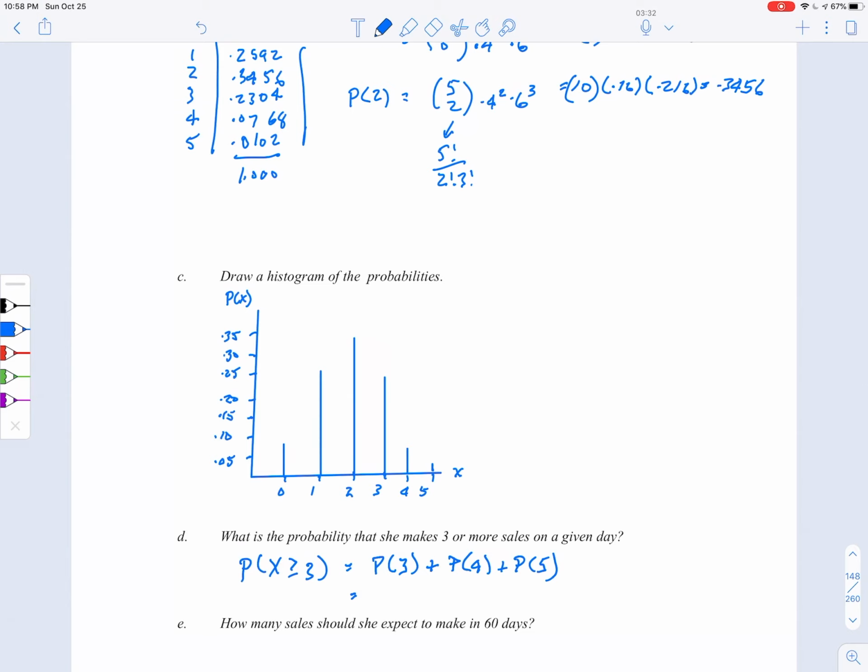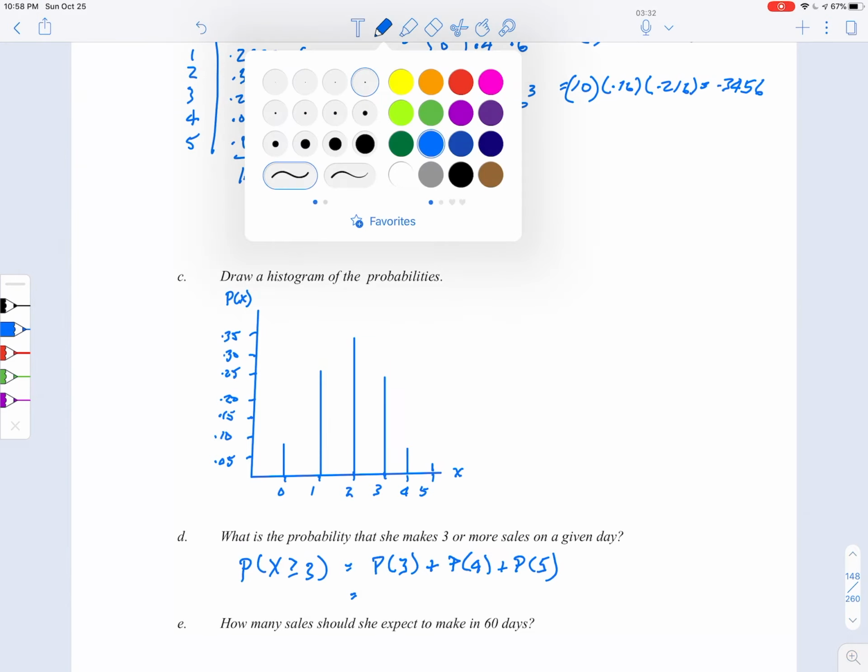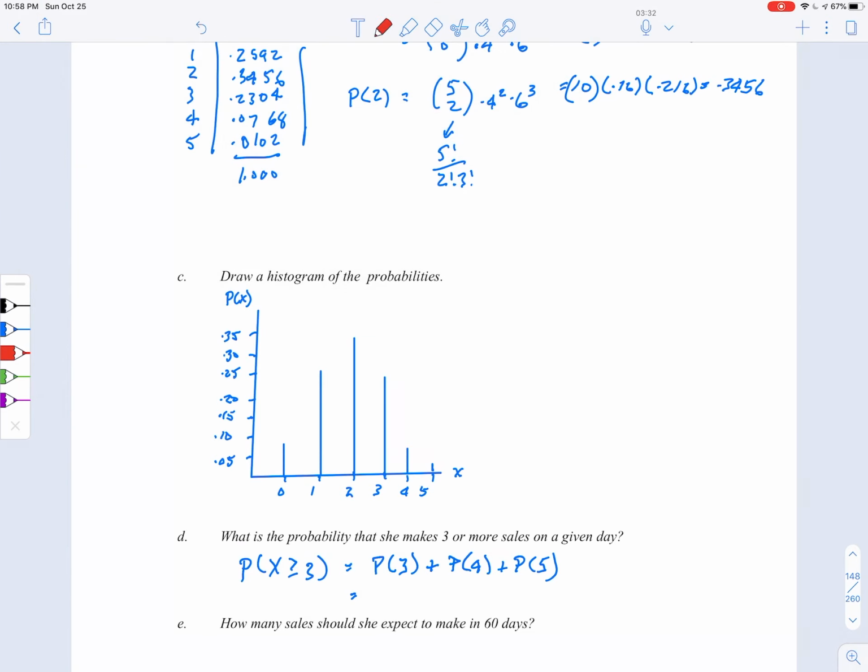And so all we do then is we just go up here and we add these guys up. So that's going to be equal to 0.2304 plus 0.0768 plus 0.0102. And when the smoke clears, you get about 32%. So there's a 32% chance that she'll make 3 or more sales on a given day.